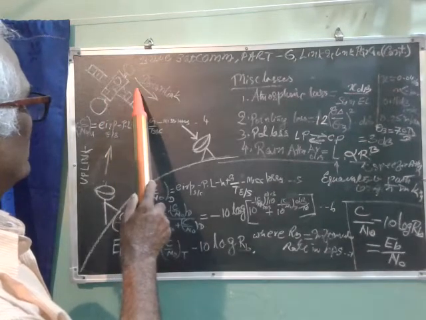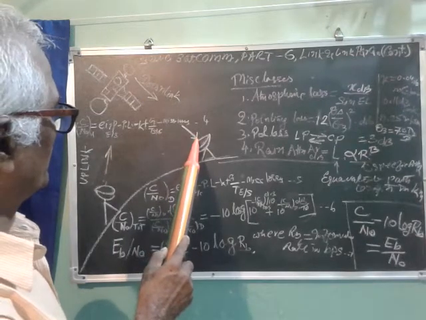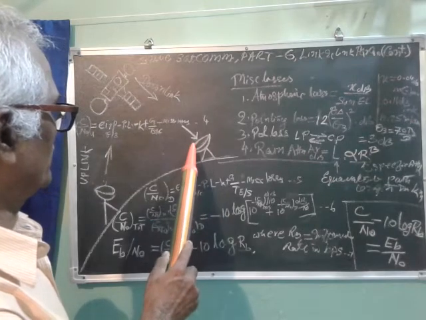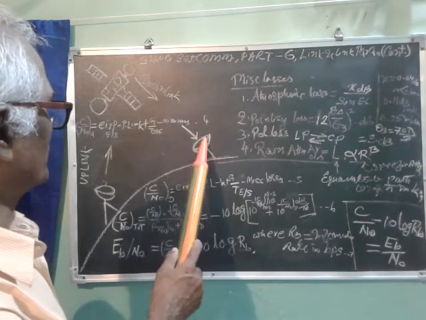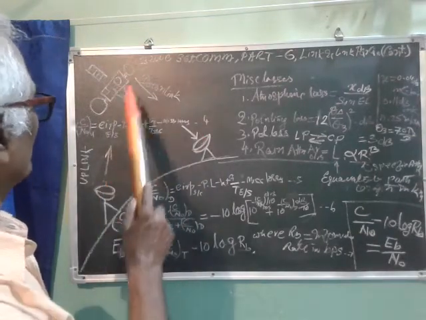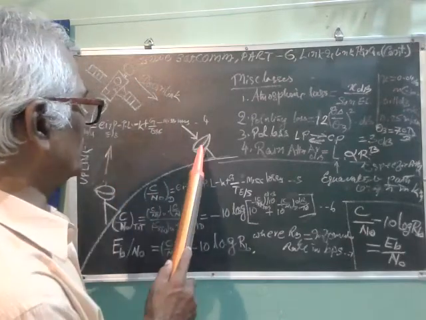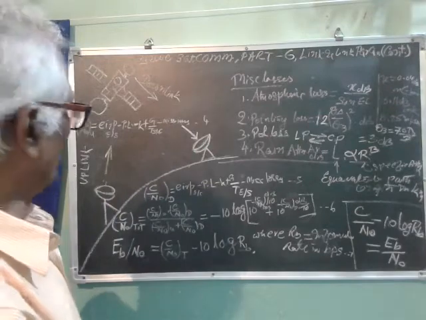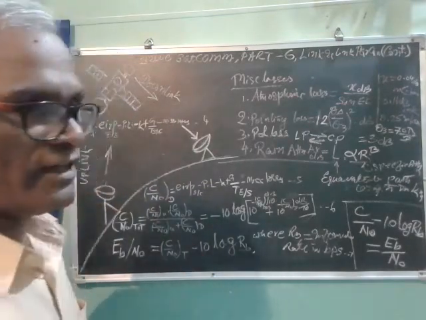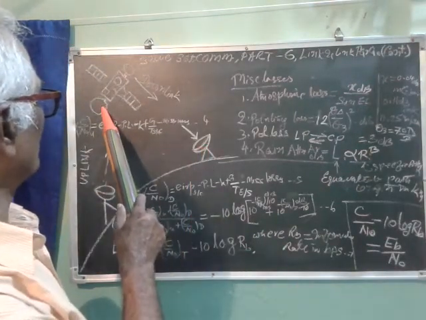In the downlink, if the antenna is bigger, G by T will be more, and with a smaller antenna, G by T will be less. The spacecraft ERP and G by T compared to the Earth station are both minimum, because the satellite antenna looks towards the ground.